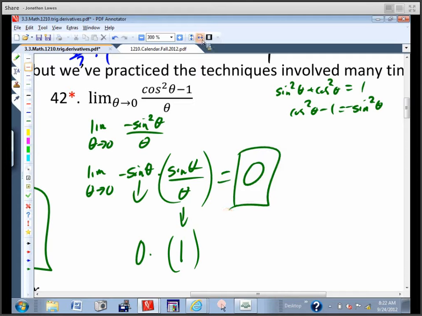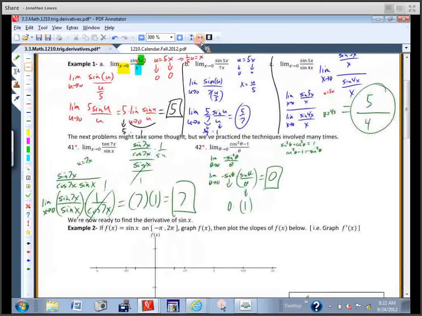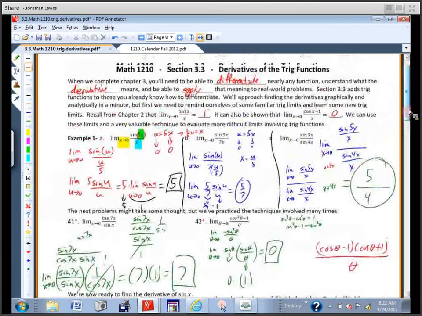I'm not sure, but I think you could do this one by doing cosine theta minus 1, cosine theta plus 1 over theta, and then break it up into this guy right here.